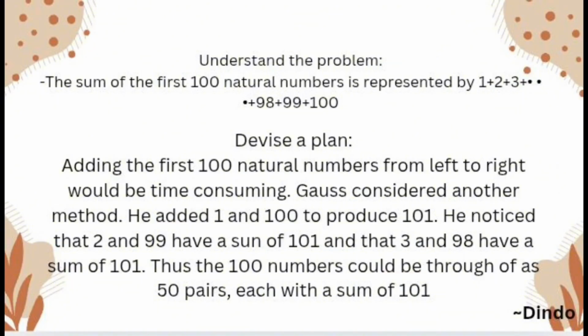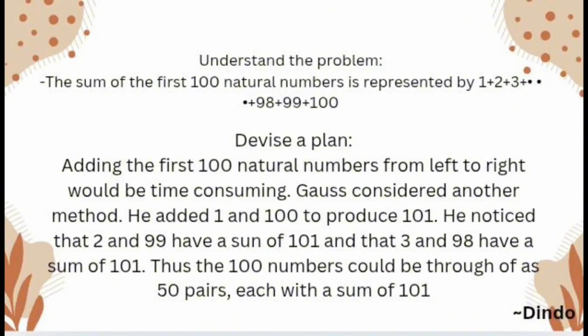So, let's continue to understand the problem. The sum of the first 100 natural numbers is represented by 1 plus 2 plus 3 plus ... plus 98 plus 99 plus 100. Next is to devise a plan. Adding the first 100 natural numbers from left to right will be time consuming. Gauss considered another method.